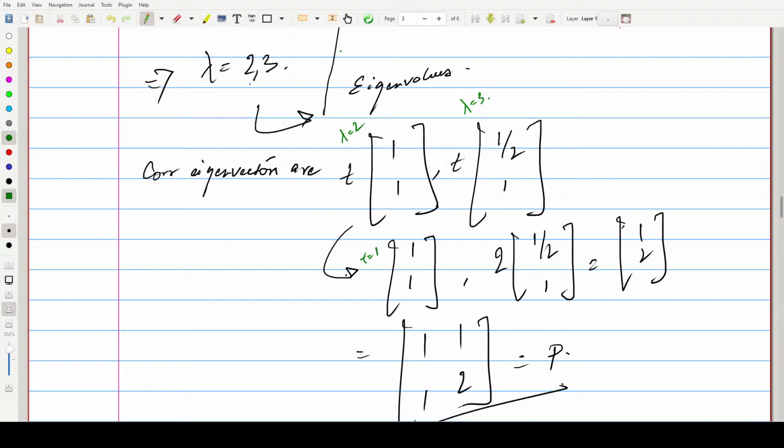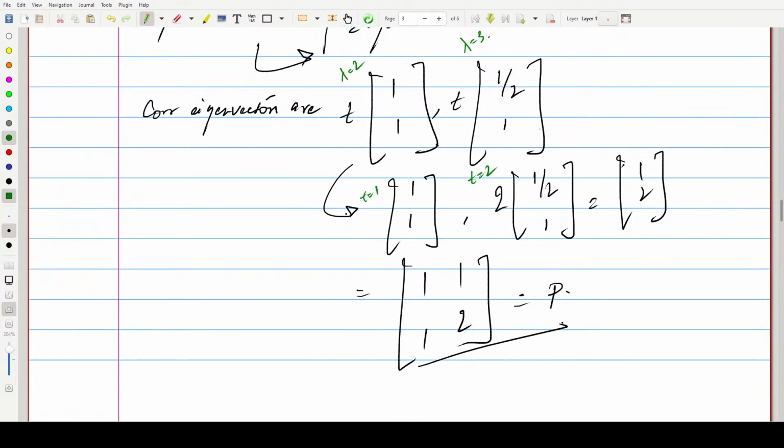So here we have (1, 1), and now let t equals 2. So we have 2 times (half, 1), which is equal to (1, 2), right? And now look at this: if we amalgamate these two eigenvectors, we essentially are getting our P. That's something which is very nice.